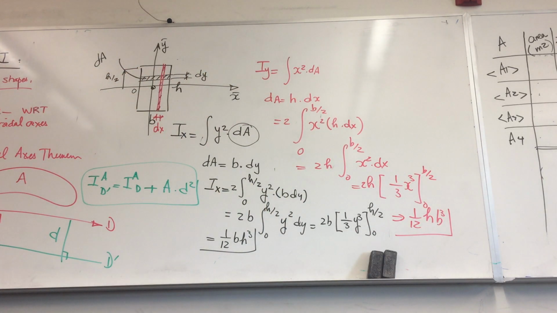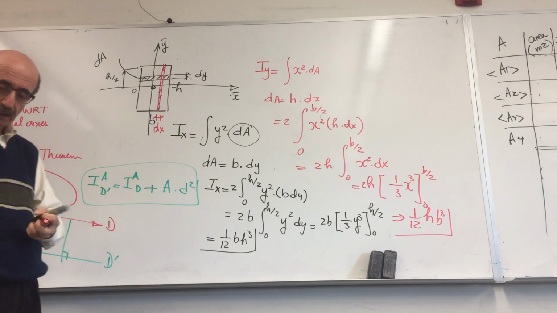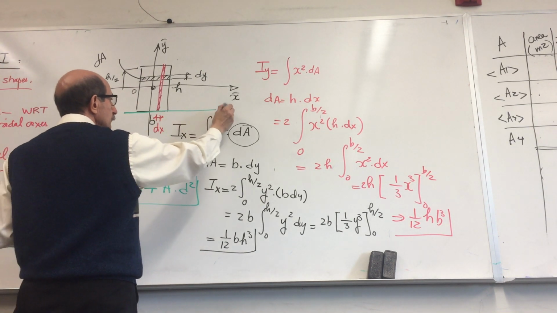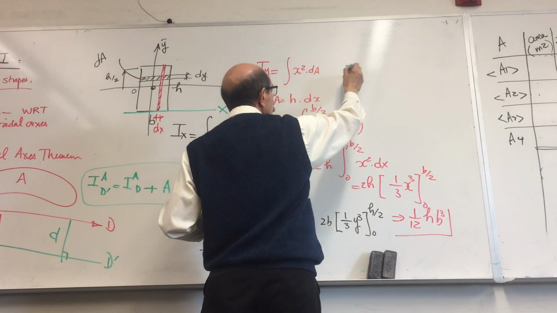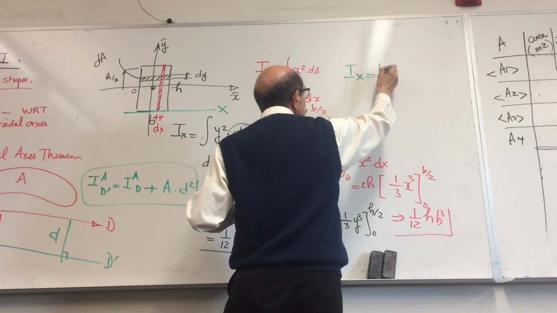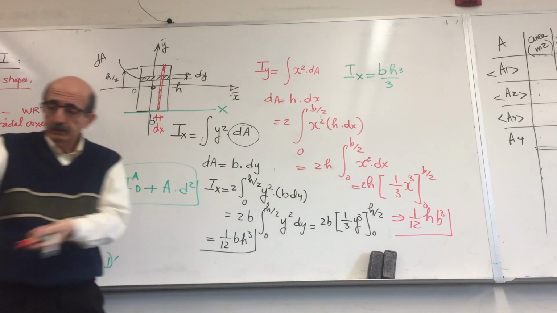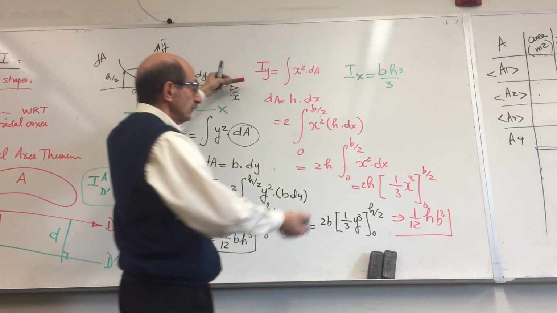So if now you want to find the centroid moment of inertia of the same shape about, for instance, this axis, x, which you see is tabulated in the book as I of x, is bh cubed over 3. The way they find it is you already have the moment of inertia on the x-bar axis.